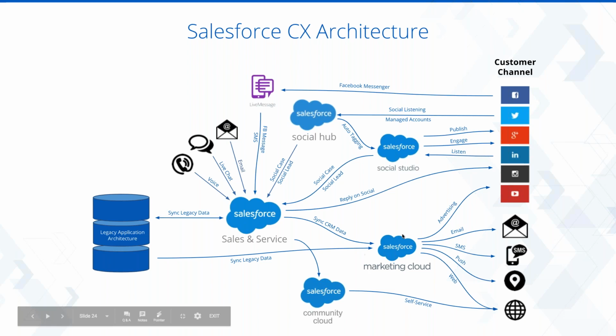Marketing Cloud, this is how it sits off. It syncs with your CRM data. It may also sync with your legacy data. And that automates your omni-channel journeys: advertising, email, SMS, push, web. And then if you want Salesforce Community Cloud, that offers self-service at the bottom. So you can interact with the company directly with your CRM records without having to speak to somebody.